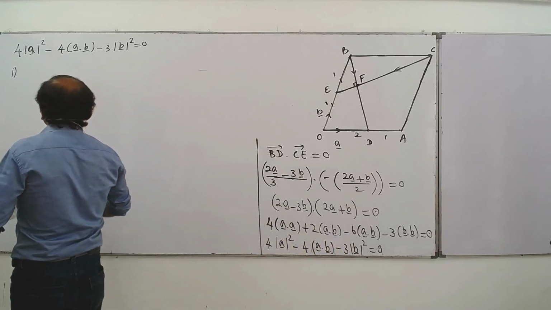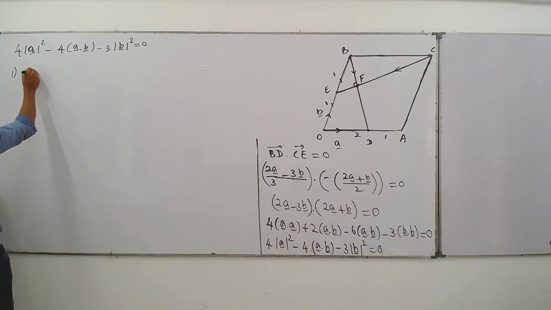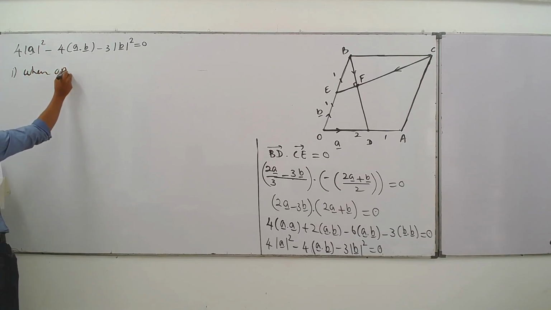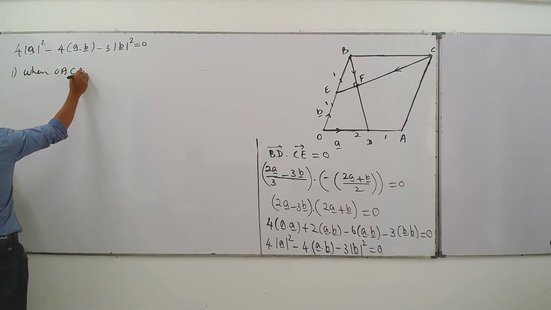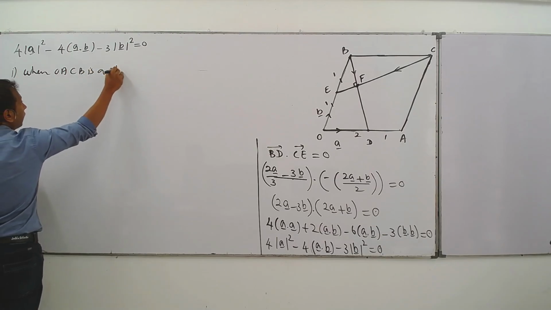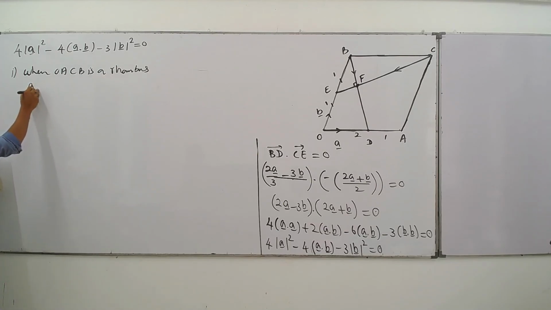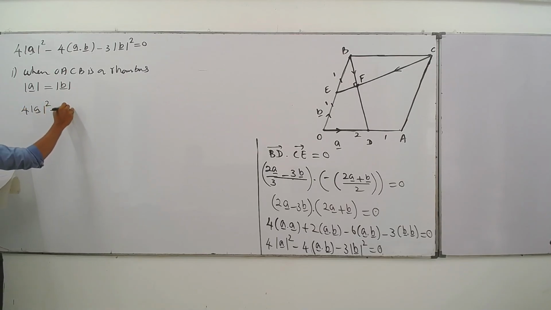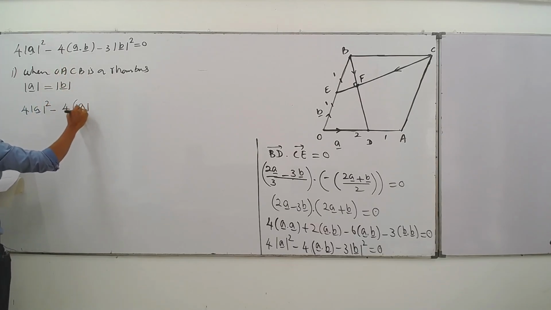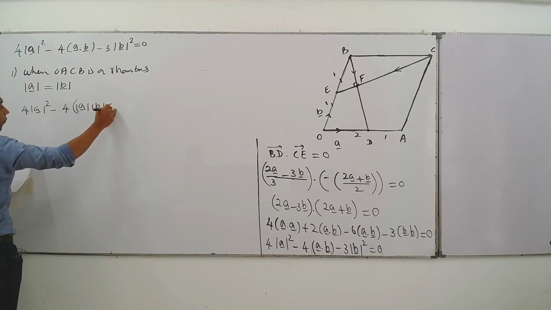So then in the first case, when OACB is a rhombus, mod A and mod B being equal, then in this we can put that for mod A equals, for A dot B we can write mod A mod B cos theta.